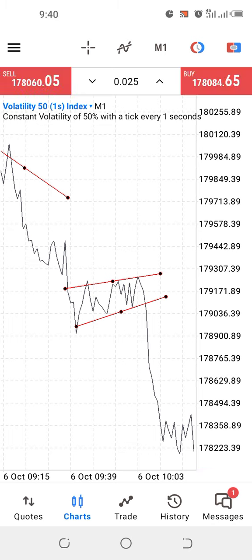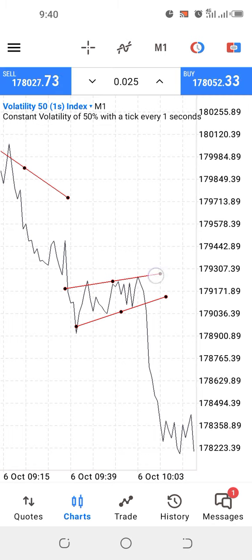So the break is traded either aggressively or conservatively. Conservatively, wait for price to make a pullback to the broken support or resistance and then enter after price bounces. By aggressive, we mean you enter as soon as the support zone is broken.